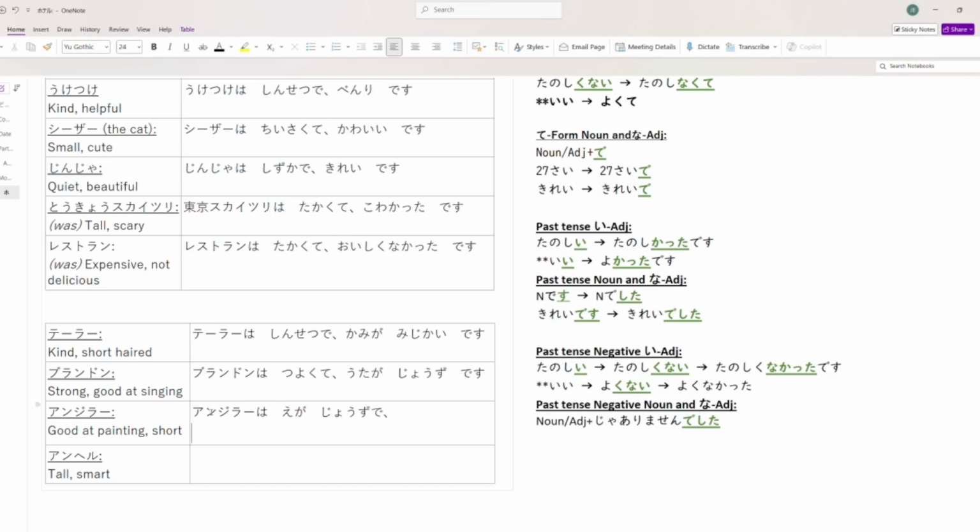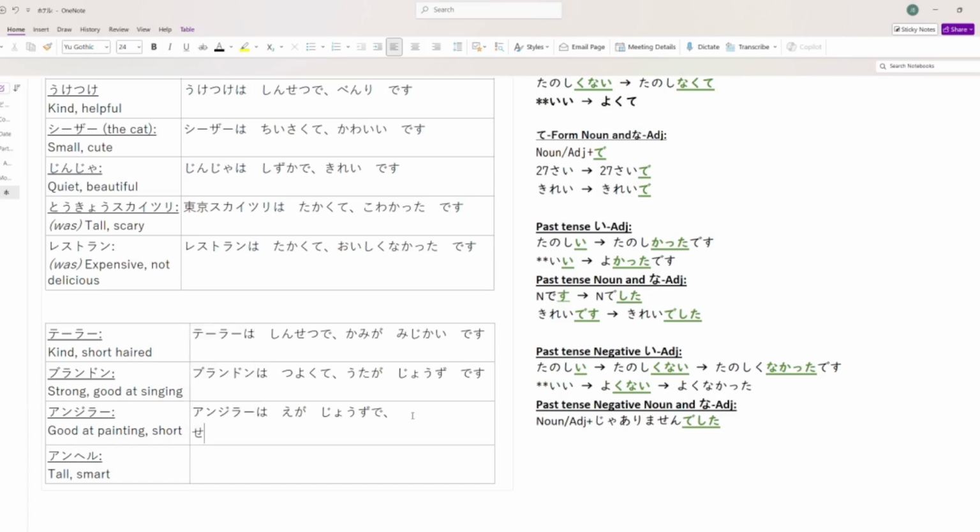All right. And then short. Mijika. Height is another one of those things where we have to phraseify it, and height is se.